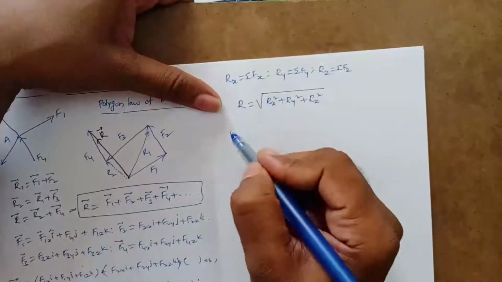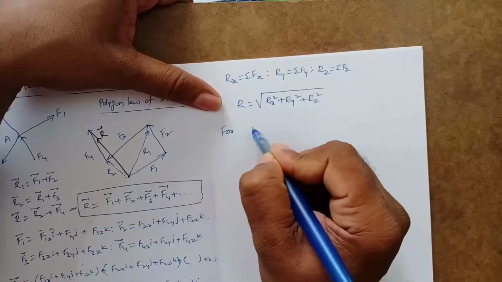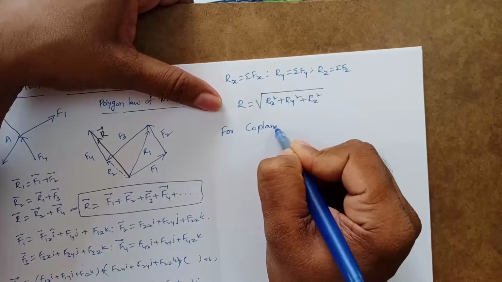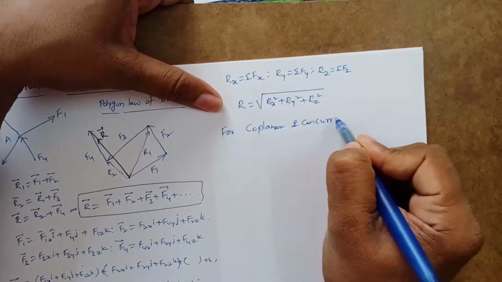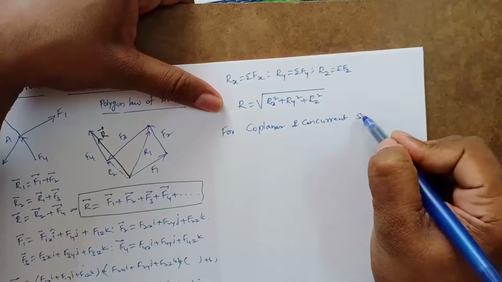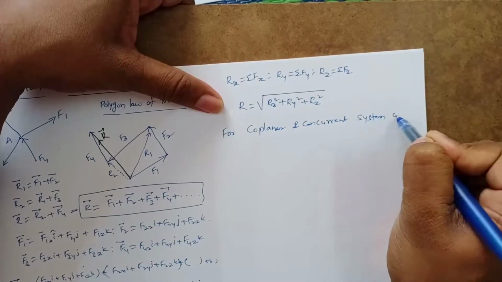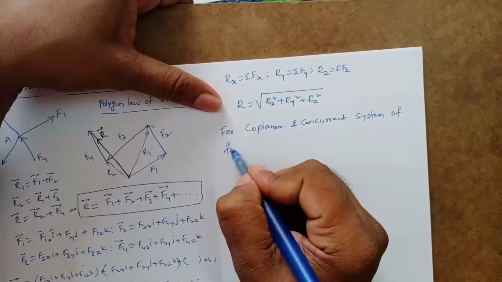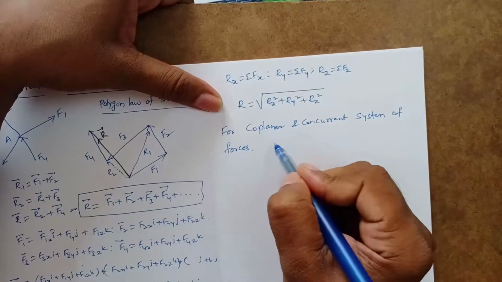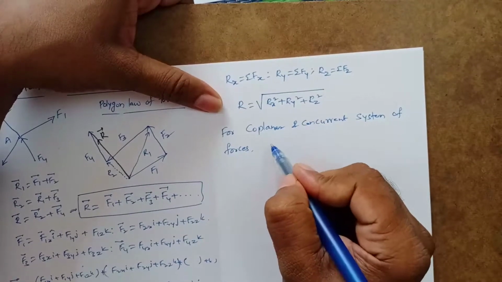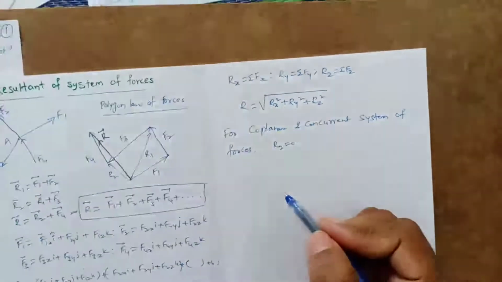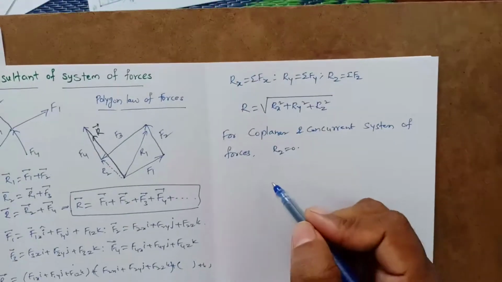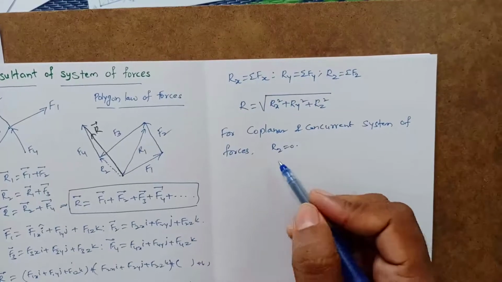Now if the forces are coplanar and concurrent, for a coplanar and concurrent system of forces, the z component is 0, that is rz is 0, because all forces lie in a plane and are concurrent.